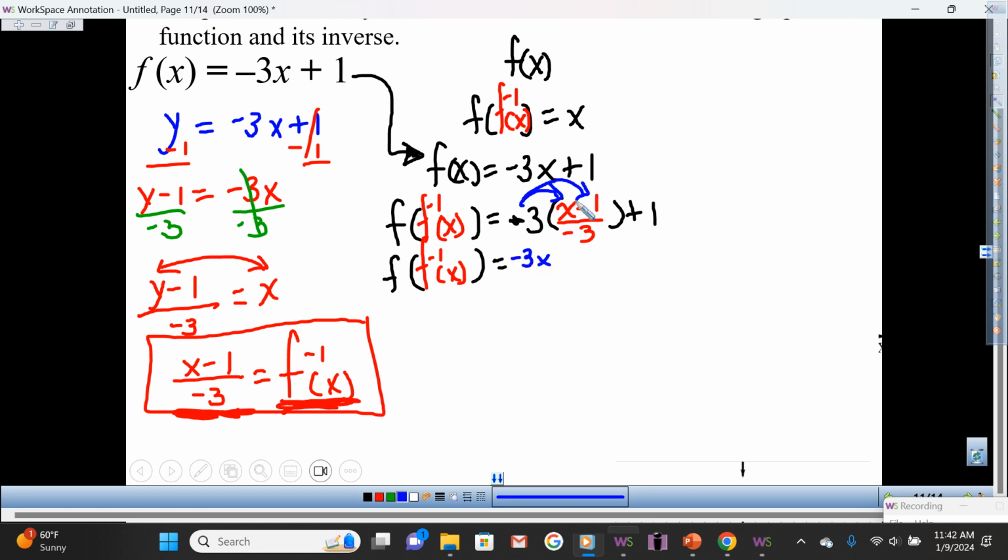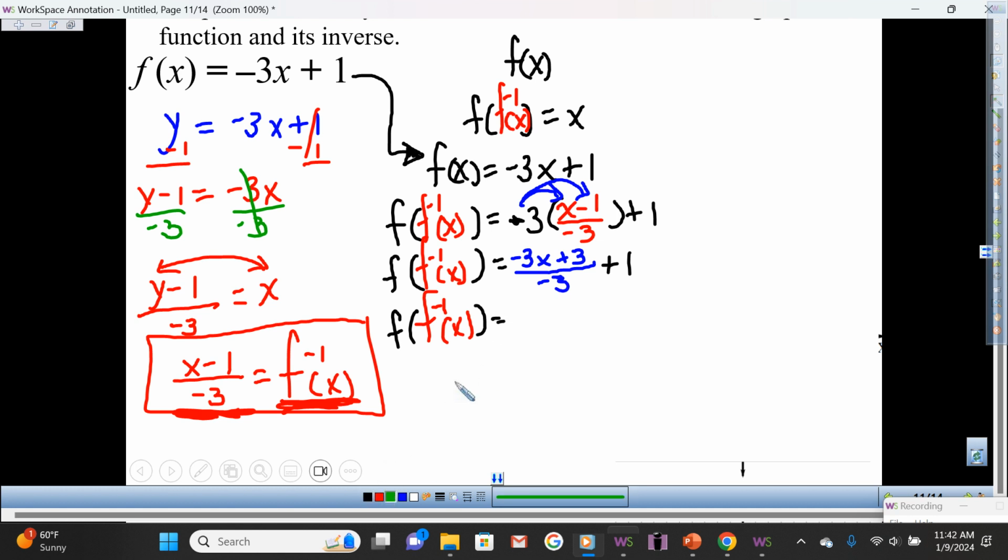Negative 3 times negative 1, that's positive 3. And all that over negative 3. Bring down the plus 1 at the end. We rewrite again the left side. F inverse of x equals.